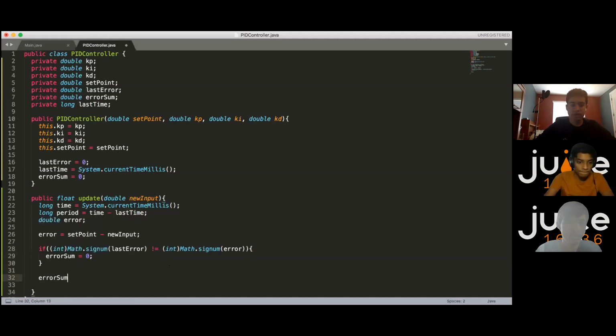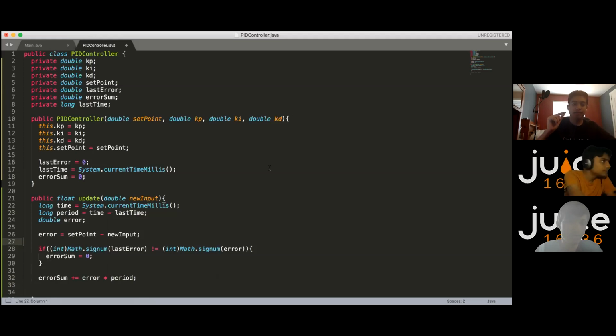You can't actually integrate the error versus time function, really. So we have to approximate the integral, which is known as a Riemann sum for everyone in calculus. Basically, we're constantly adding the current error times the change in time.